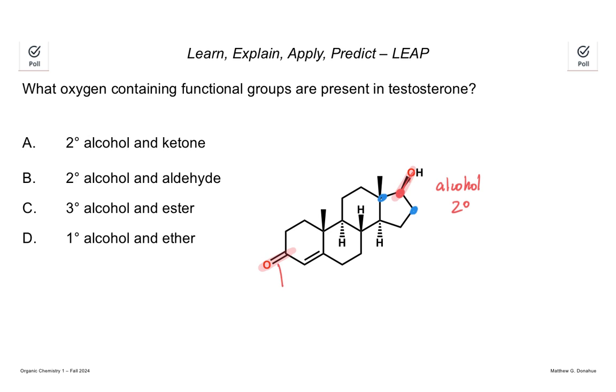We see here a carbon-oxygen double bond. That's a carbonyl. What's bonded to the carbonyl? Carbon and carbon. And so that's going to make this a ketone. And so our correct answer for this will be A.